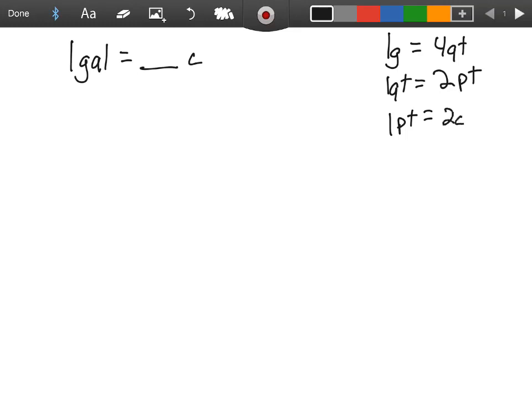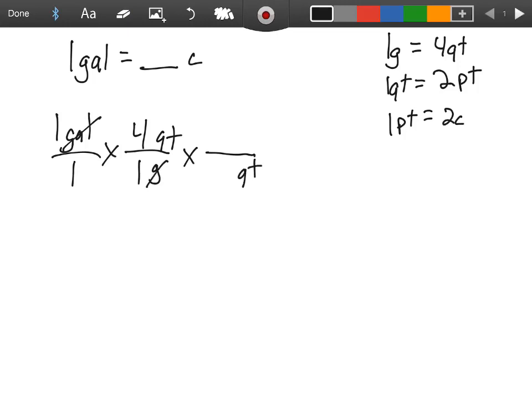So we start like we always have. We've got 1 gallon on top, and we multiply that by our first conversion factor. So gallons match on the bottom, and we're going to go to quarts on top. 4 quarts equals 1 gallon. That will convert us from gallons to quarts.